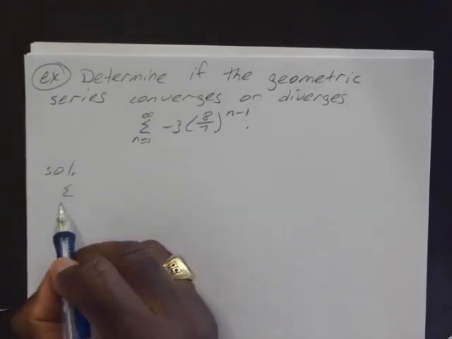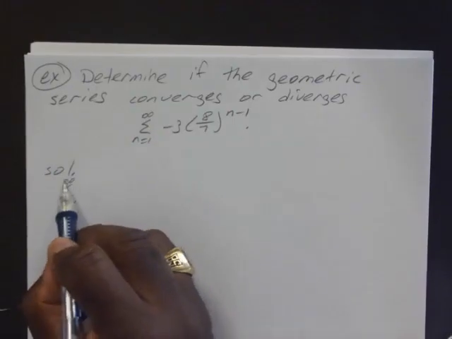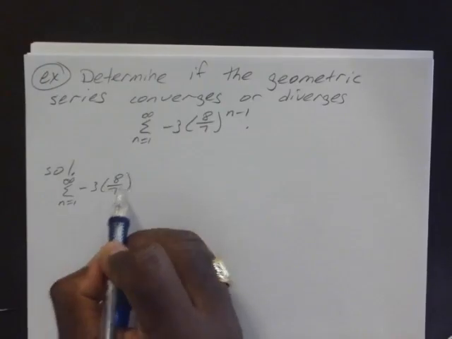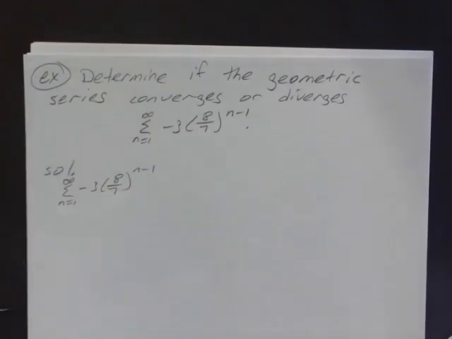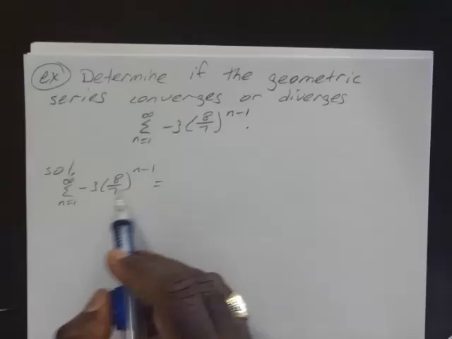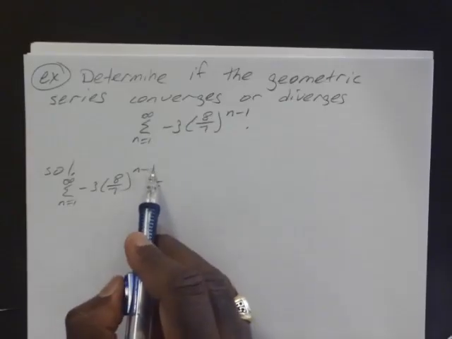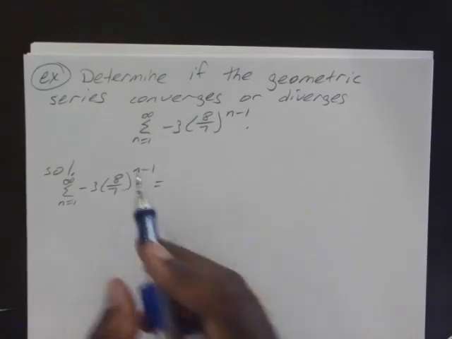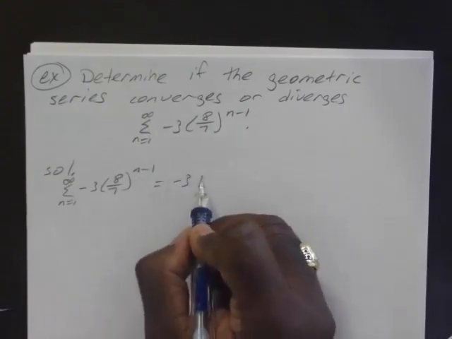Okay, so if you notice, you have the sum from n equals 1 to infinity of -3 times 8/7 to the power of n minus 1. If you plug in n equals 1, you have the power of 1 minus 1, which is 0, so 8/7 to the power of 0 is just 1. So that's -3.